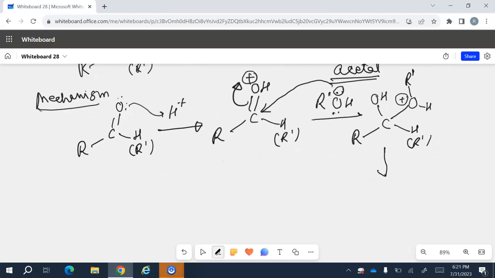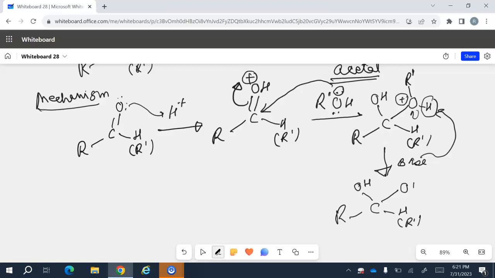The next step is we don't want this kind of charged species as an organic product, so we deprotonate it to remove this hydrogen. You can use any base to grab this proton and deprotonate that. So the result is RCH or R', and you have your OH, and here is OR'.